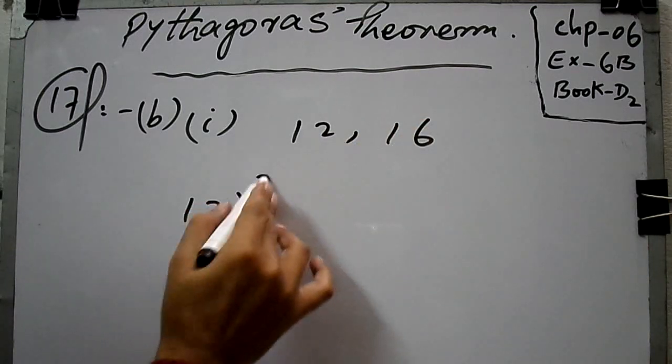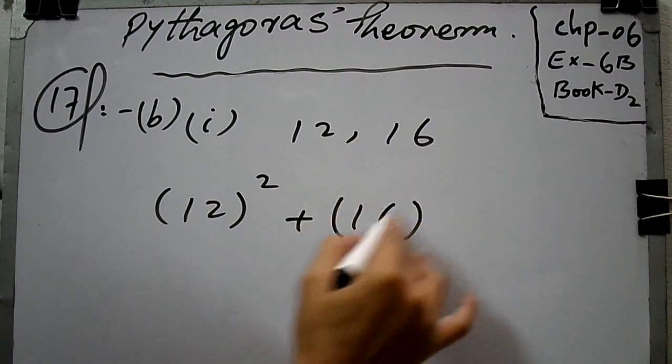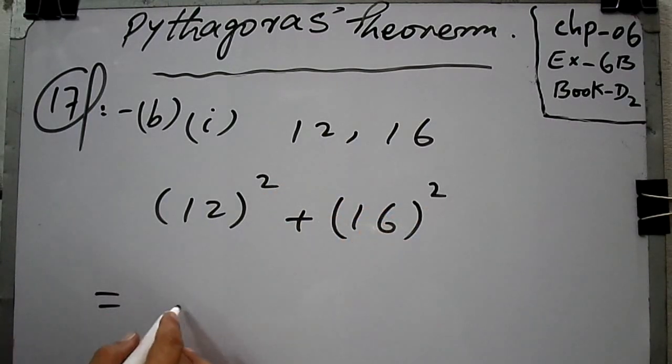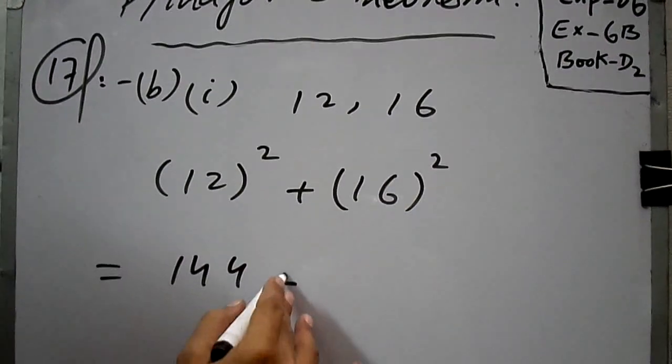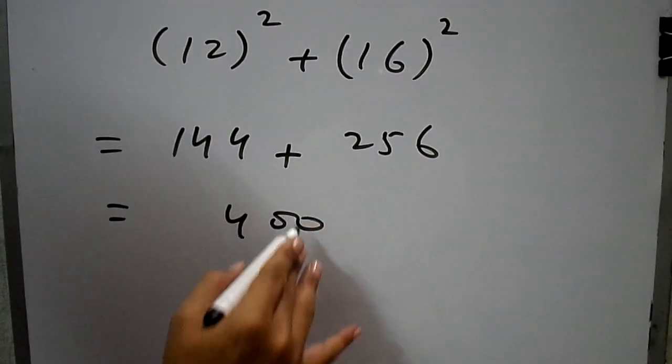Taking the square of 12 plus 16 squared, that is 144 plus 256, so you will get 400.